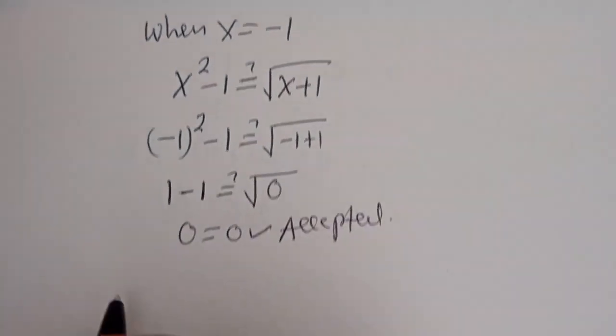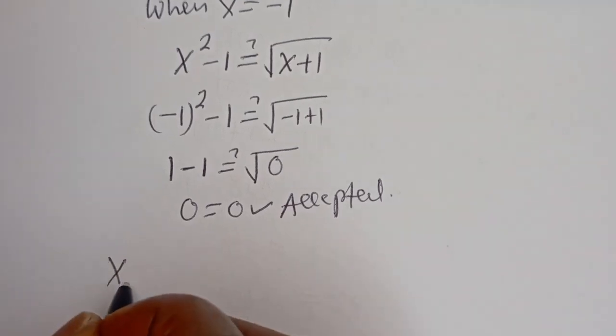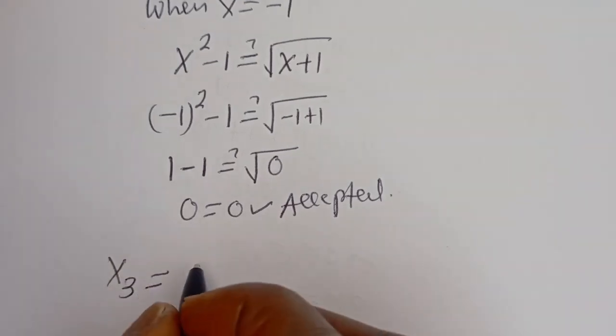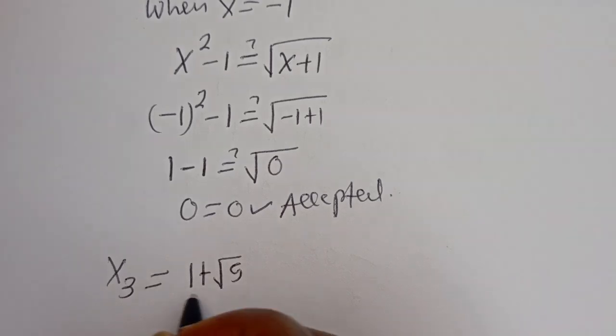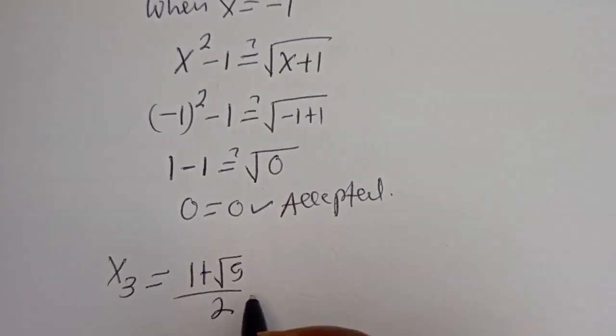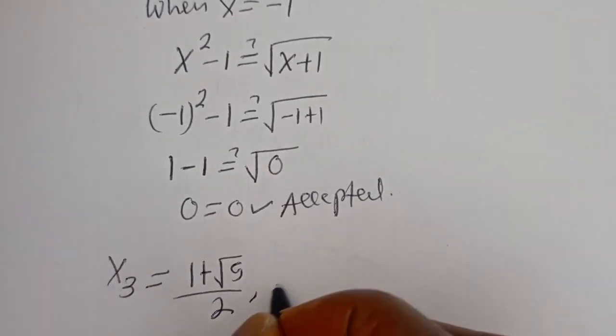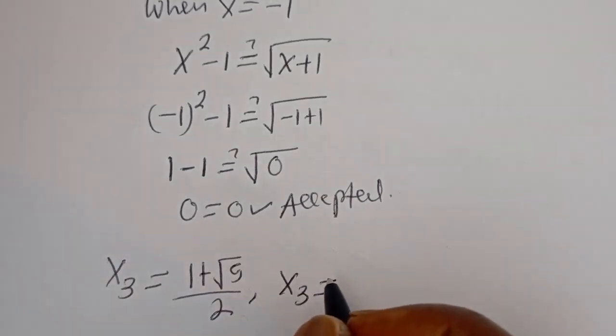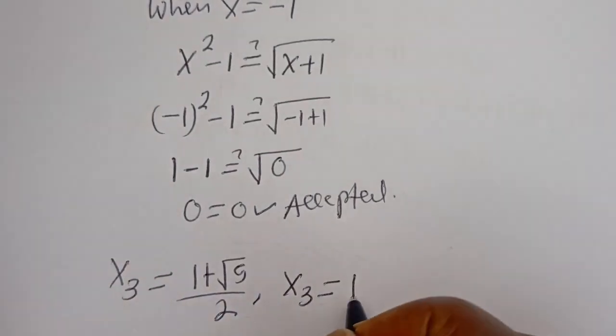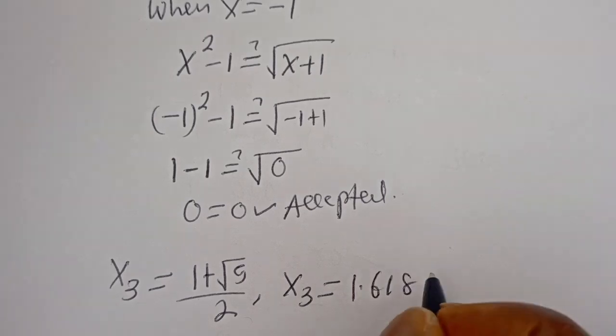Also, s3 is equal to 1 plus square root of 5 over 2. And if you use your calculator, s3 is equal to 1.618.